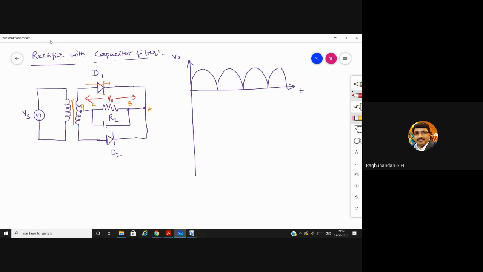Can you tell me what is the voltage across A?